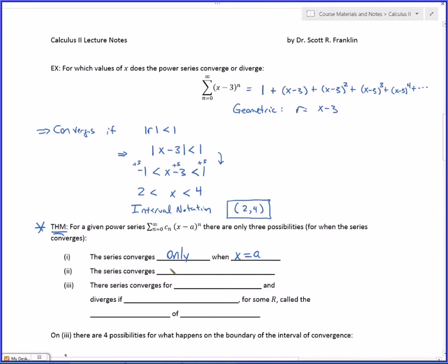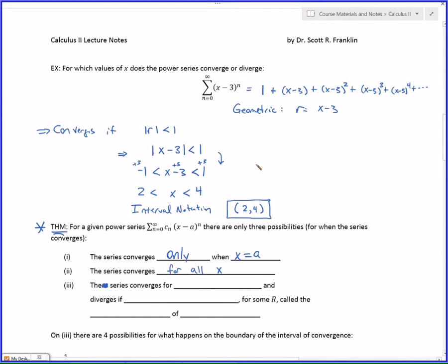Okay, it could converge for all x, any real value of x that you plug in. I don't know, this is a typo. The last possibility is that there's some interval where it converges.